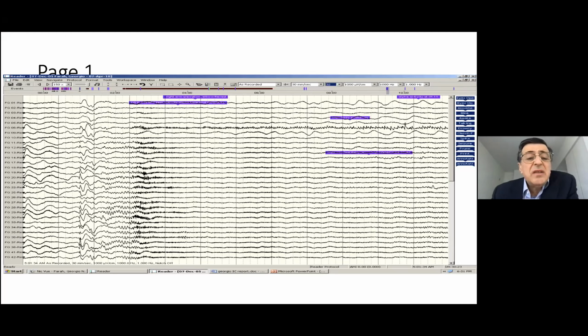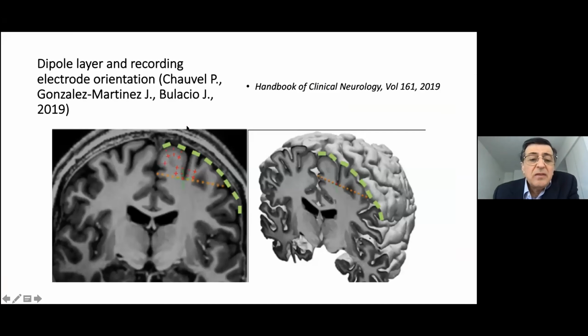And so you can see that there was one electrode which has fast activity, but after clinical onset. So this was not the ictal onset area, and this was a propagation because of what Jorge described very well in one of his recent papers: when the pathology is subcortical, the electrode will pick it up only depending on the site of the dipole.